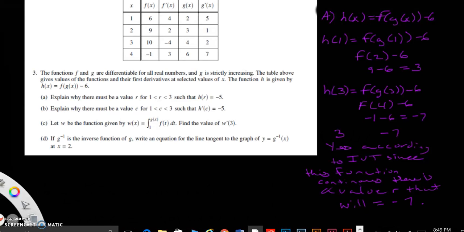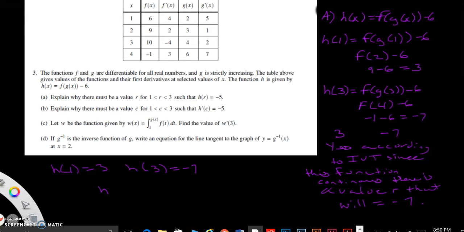-5. Okay, part B, explain why there must be a value c, with 1 less than c less than 3, such that h prime of c equals -5. So that seems like it's going to use MVT. So now what we have to do over here is we know h of 1 equals 3. h of 3 equals -7.